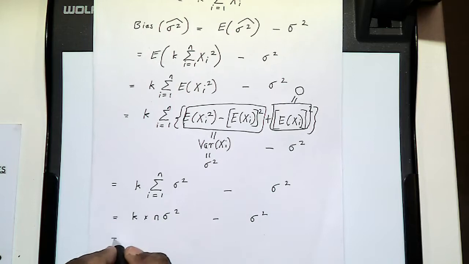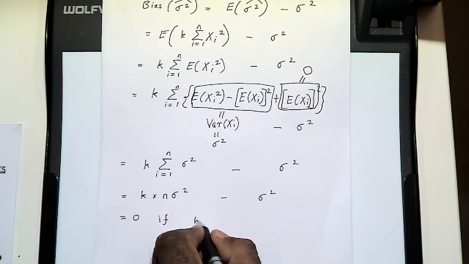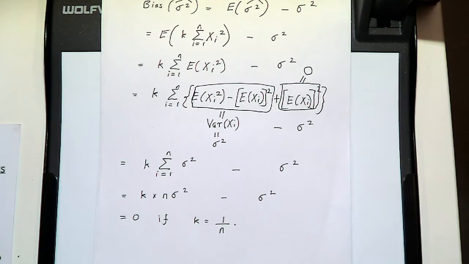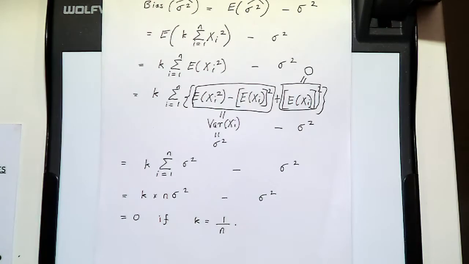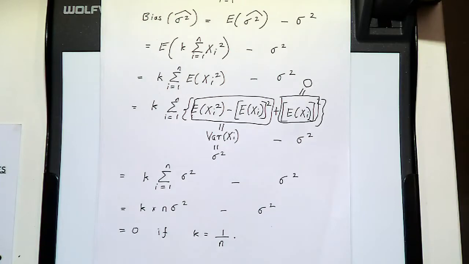And this is 0 if and only if k is equal to 1 over n. So that's the answer to the first part of question number 8. Is that all clear to you or not? Hello guys, any questions? Is this clear to all of you?